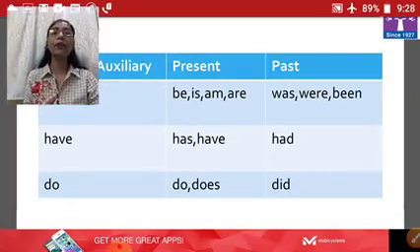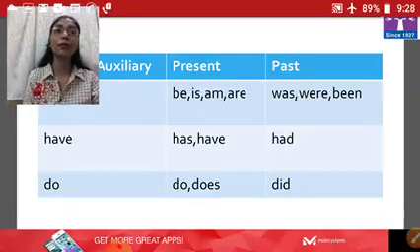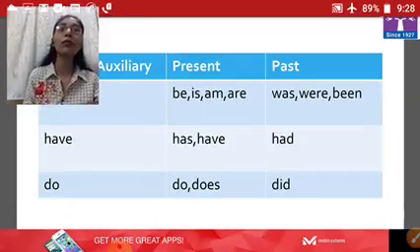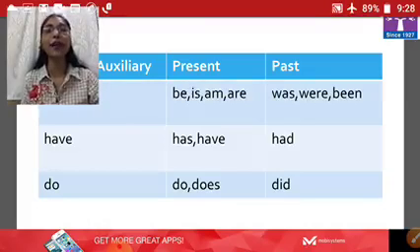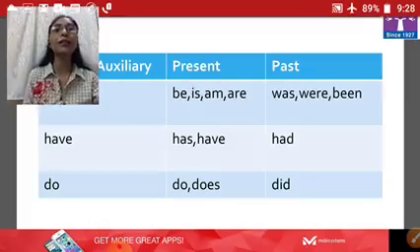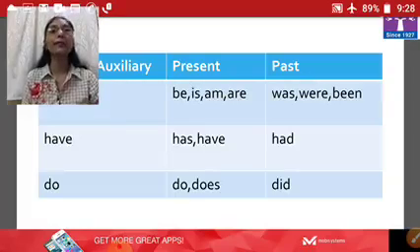For example, we have three forms of be, that is am, is, are in the present, which change in the past as was, were, been. Have, we have two forms of have in present tense, that is has and have, which in past is had. And we again have two forms of do in the present tense, that is does and do, and in the past tense it is did.